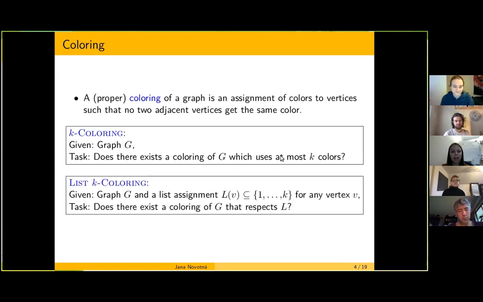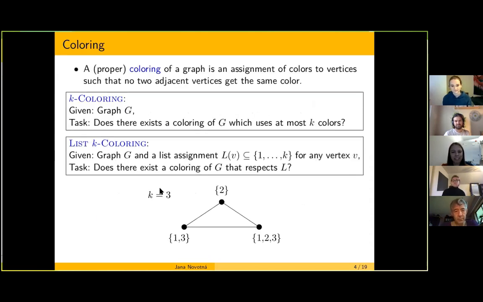Then I will be speaking about list k-coloring, where additionally each vertex has a list assignment of allowed colors, which is a subset of colors 1 to k. And we ask if there exists a coloring that respects these list assignments. So k-coloring is a special case of list k-coloring.